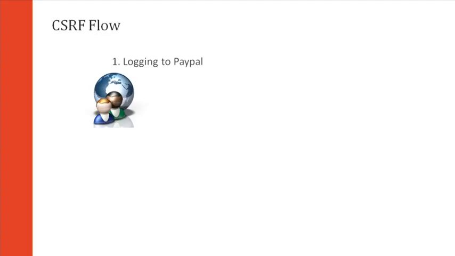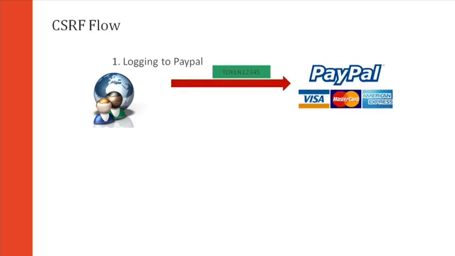When this person connects, let's say to PayPal in this case, PayPal sends back a token to this user. So the next time the user wants to interact with PayPal, they send, as you can see there, the token. PayPal replies with the same token, the session.